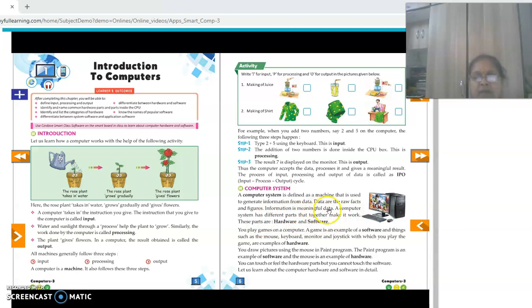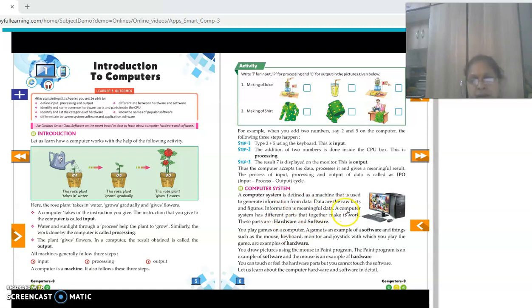Information is meaningful data. So what will be the information here? 7. Because addition of 2 plus 5 is 7. So it is a meaningful information based on these data. So you can say information is meaningful data.